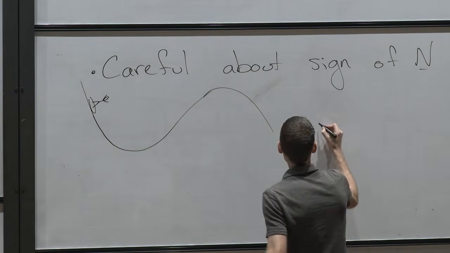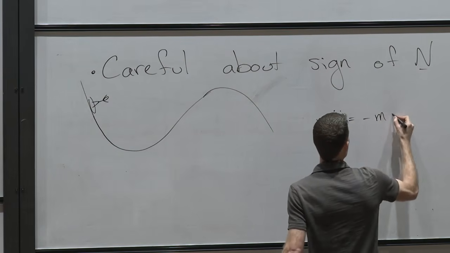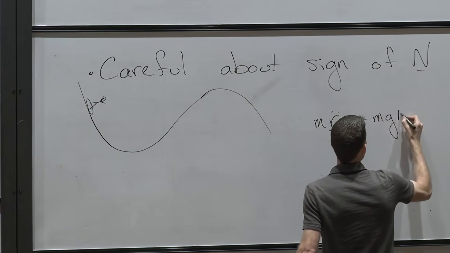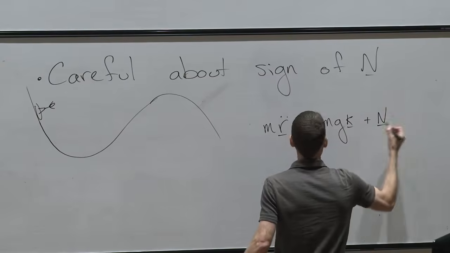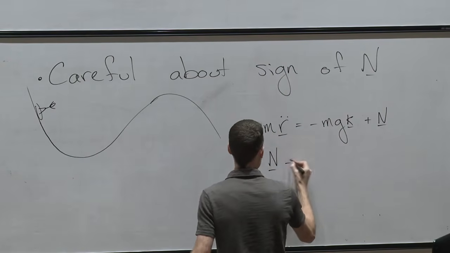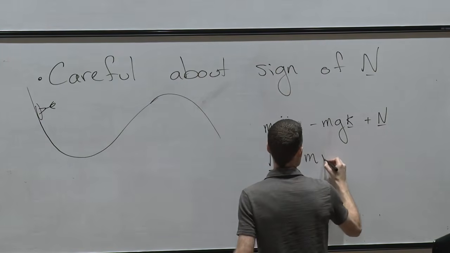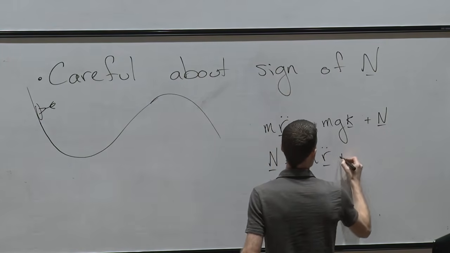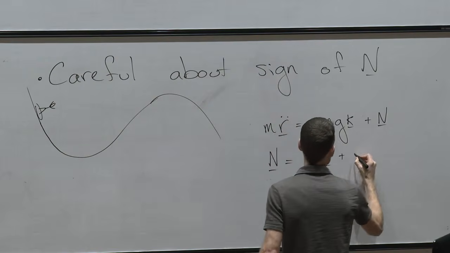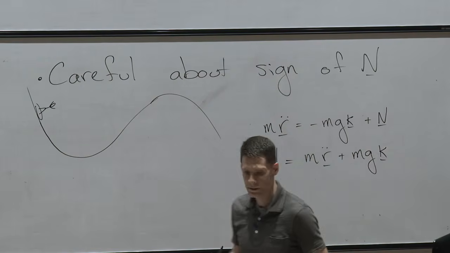So you think about this equation, m r̈ is minus mg k̂ plus N. So I can think of rearranging that. So my normal force is m r̈ plus mg k̂.